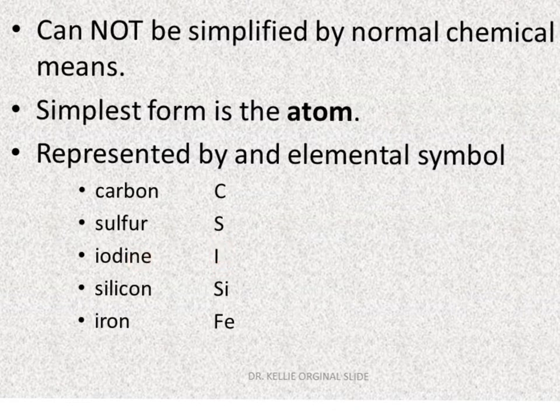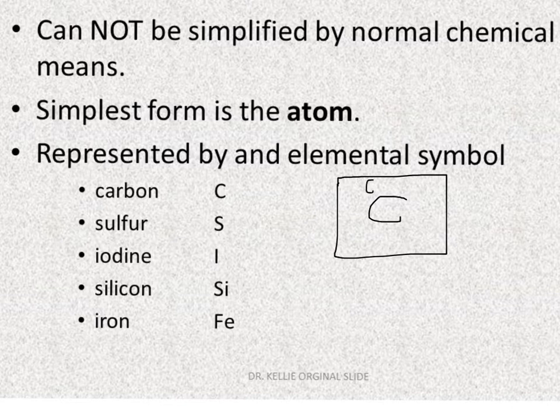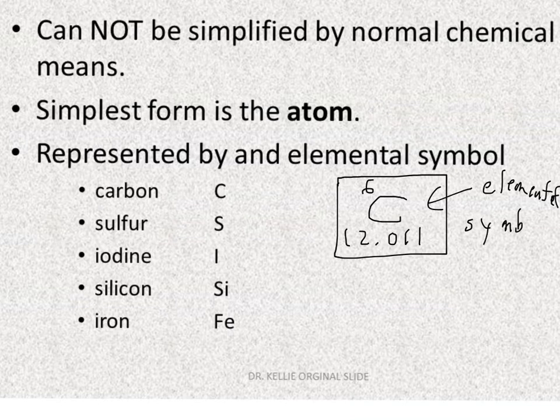If you look at every square on your periodic table, in the center of it, you will see the elemental symbol. It's very important to remember that capitalization is important when it comes to elemental symbols.